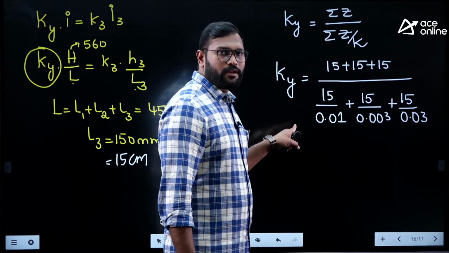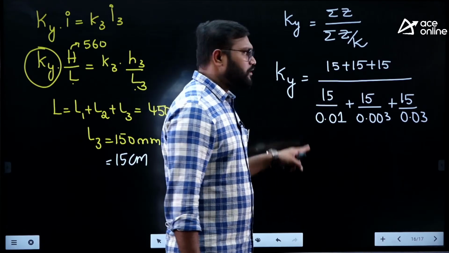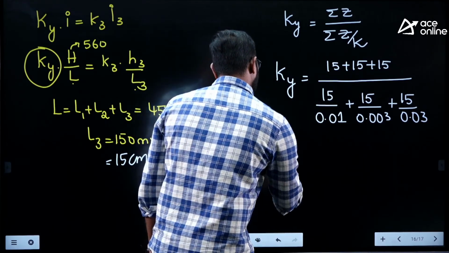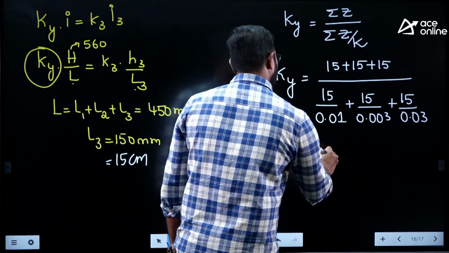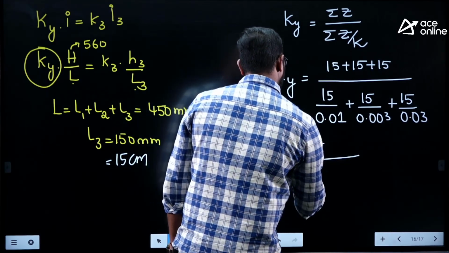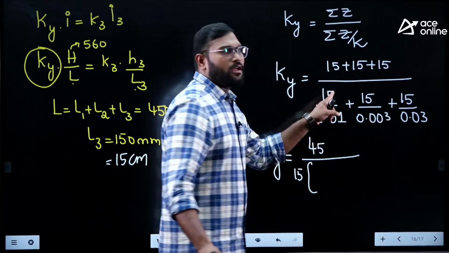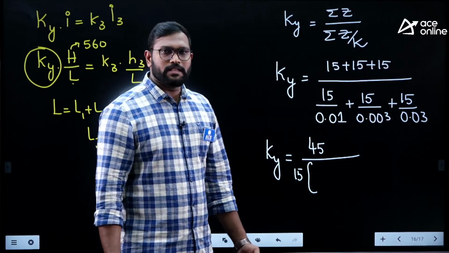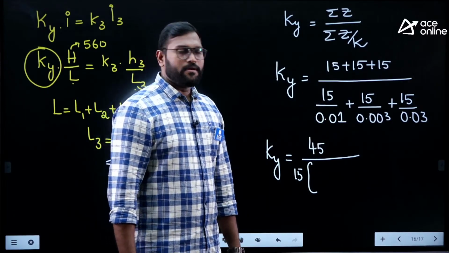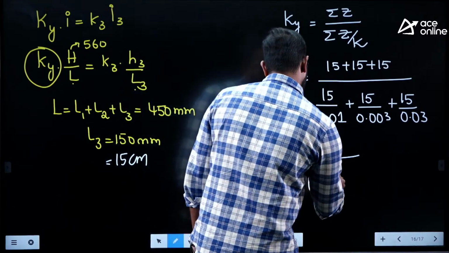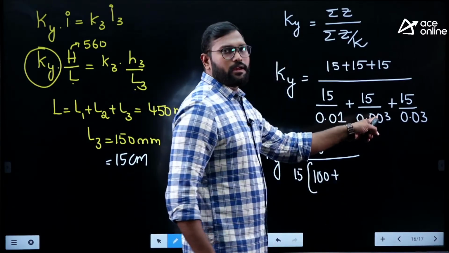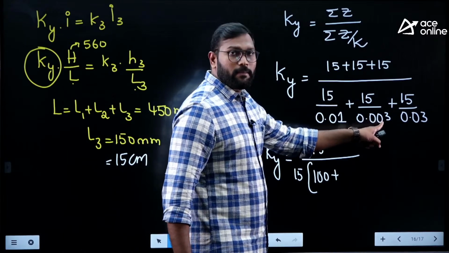45, take out the 15. So ky is equal to 45 divided by, taking out the 15, 1 by 0.01, which is nothing but 100, plus 1 by 0.003.